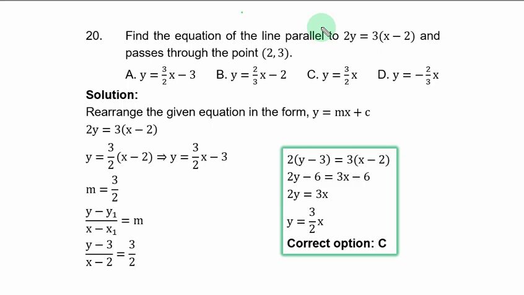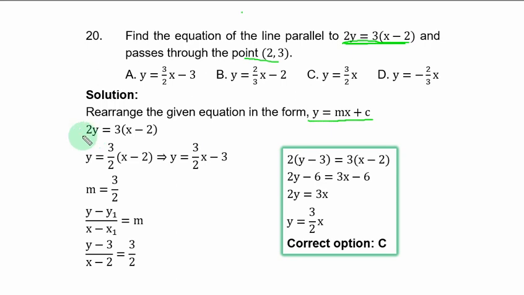Question 20. Find the equation of the line parallel to 2y equal to 3 bracket open s minus 2 bracket close and passes through the point 2, 3. That is the coordinate 2, 3. Now, to find that equation, you need to get the gradient from the given line. So you rearrange it to the form of y equal to ms plus c, where m is the gradient.